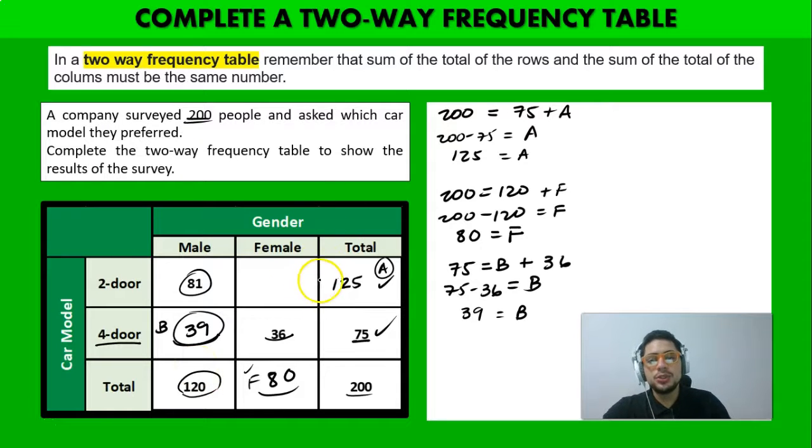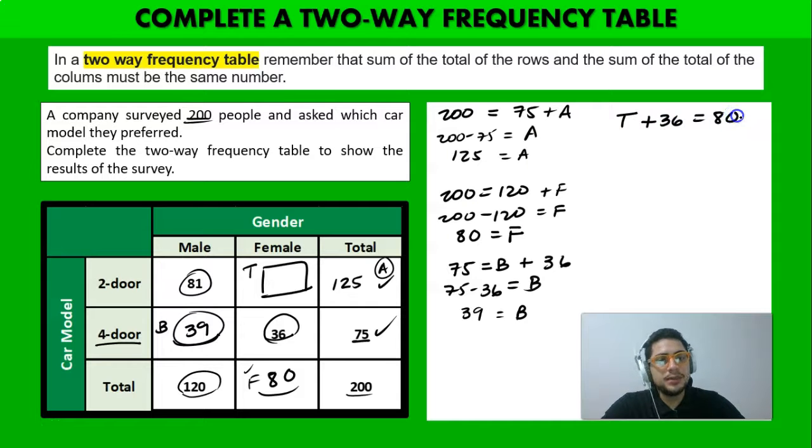Now, the total of female that were surveyed is 80. And we know that 36 liked the four-door car model. So that means that the amount that like the two-door car model, which we will call T, plus 36 is equal to 80, right?